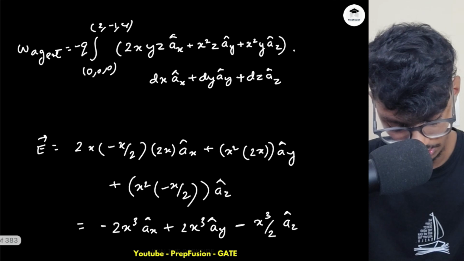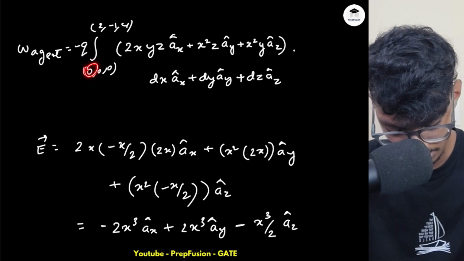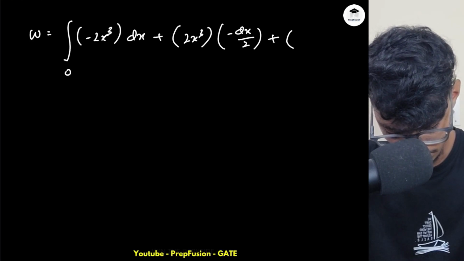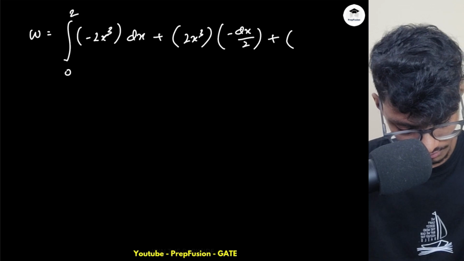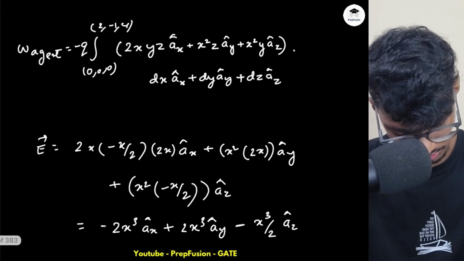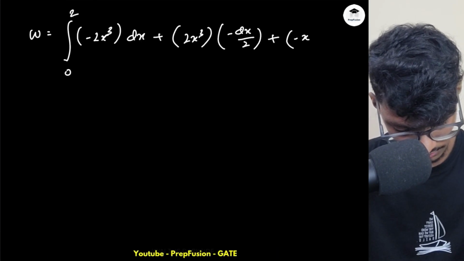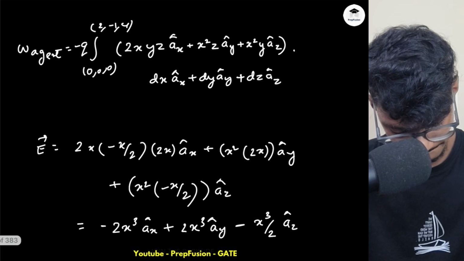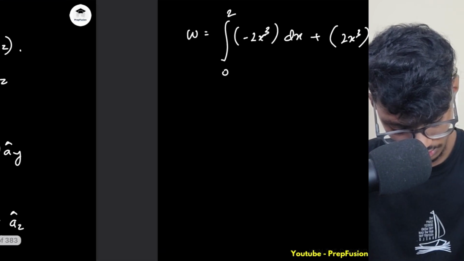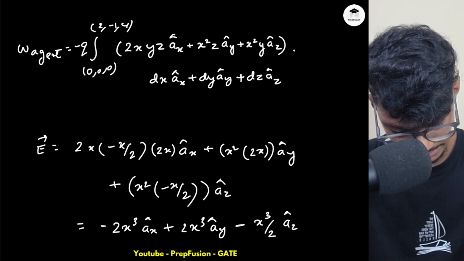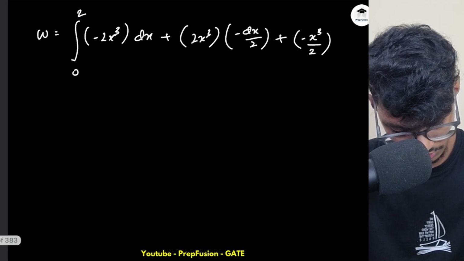Now I will just tell you the x limits. X limits are 0 to 2, and this will be minus x cube by 2 into dz, dz is 2 dx.